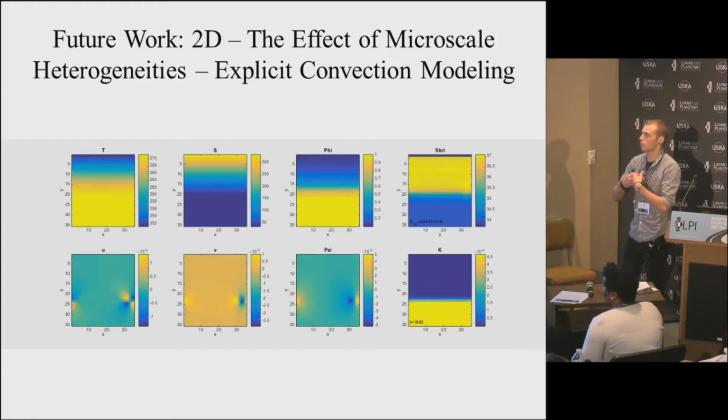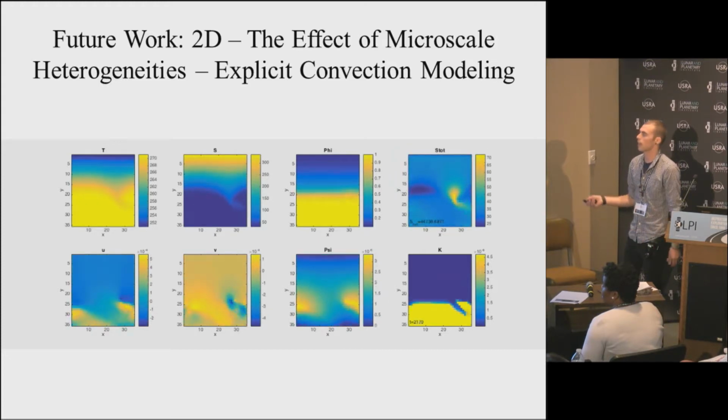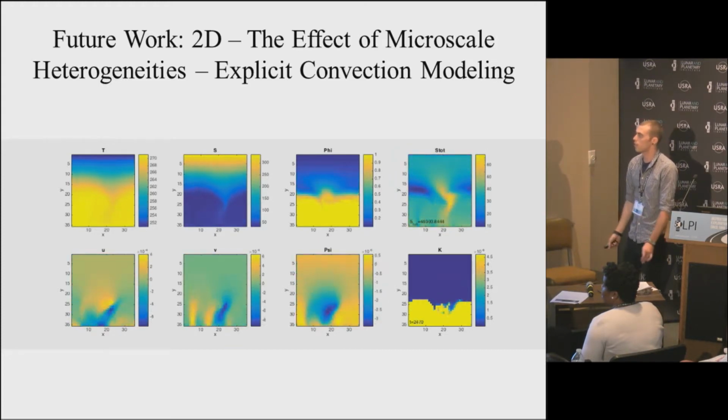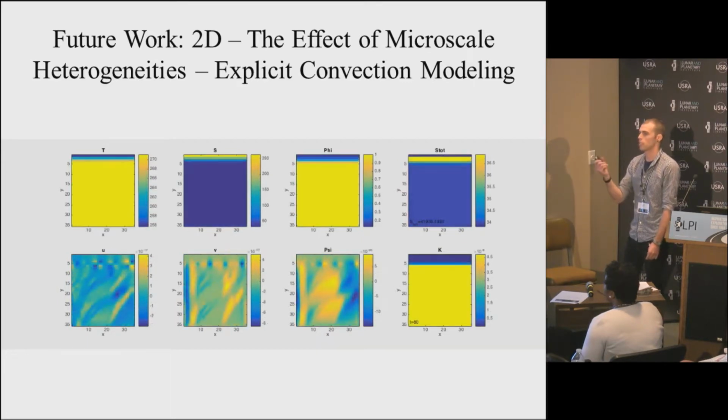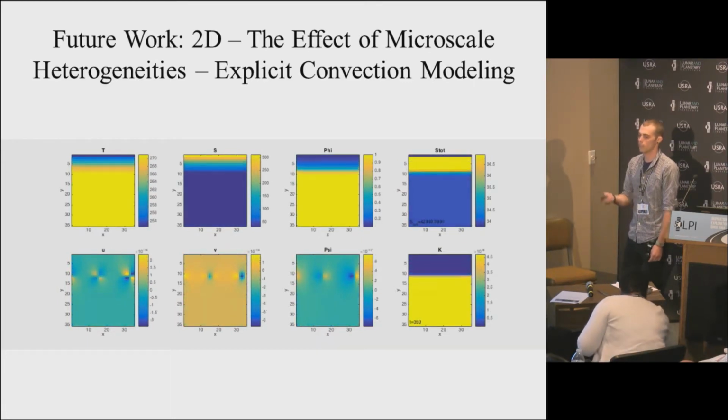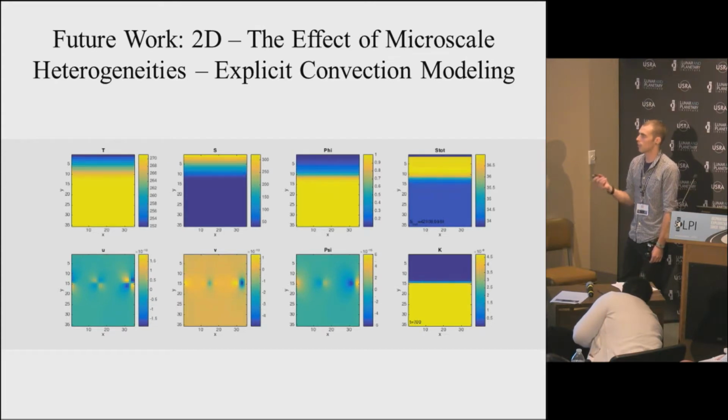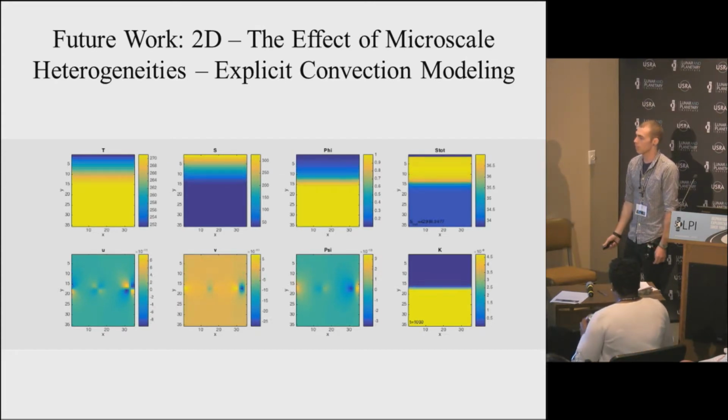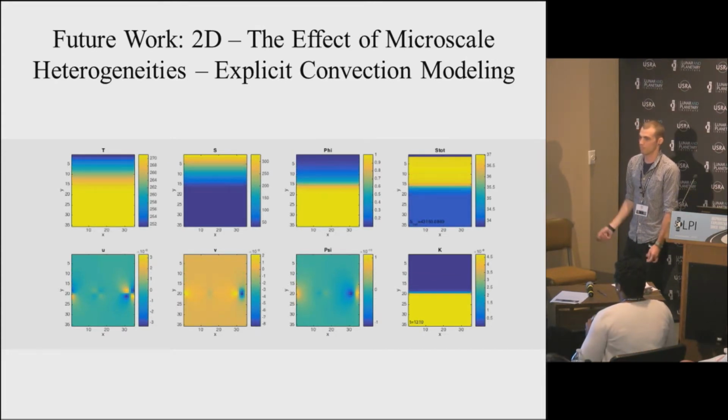So instead of having to worry about parameterizations, actually modeling the whole two-phase system. I guess the last piece that's missing is this relationship between porosity and permeability, and how much stuff you can actually expel, which is always a difficult problem. That's it.